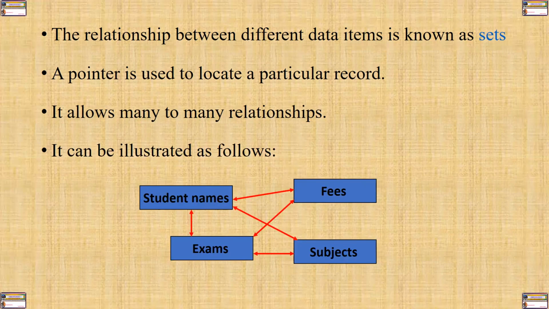So you may have a single student with names in student names, and the fees that student has paid are stored in fees. While at the same time, this student has also done exams, and therefore we have results for that student in exams. But these scores relate to various subjects that the student is taking, and therefore we have the subjects that the student is taking under subjects.